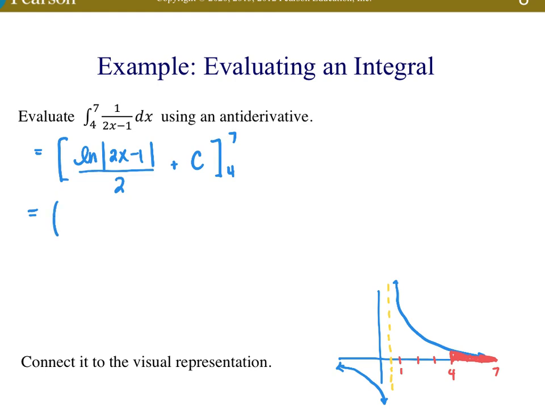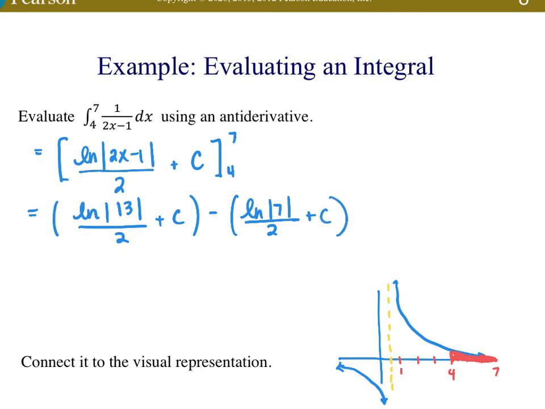So this would be the natural log of the absolute value of 13, after I plug in 7 over 2, plus c, minus the natural log of the absolute value of 7 over 2, plus c. All right, so distribute the subtraction, cancel out the c's. So I have the natural log of 13.